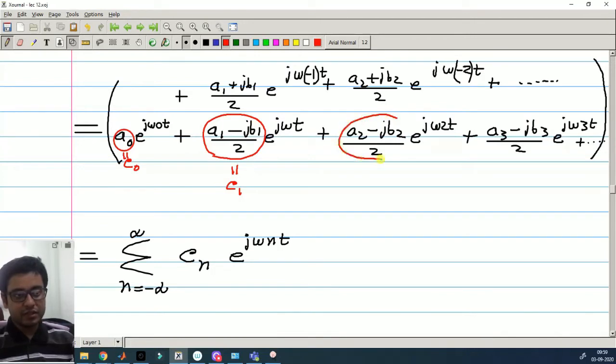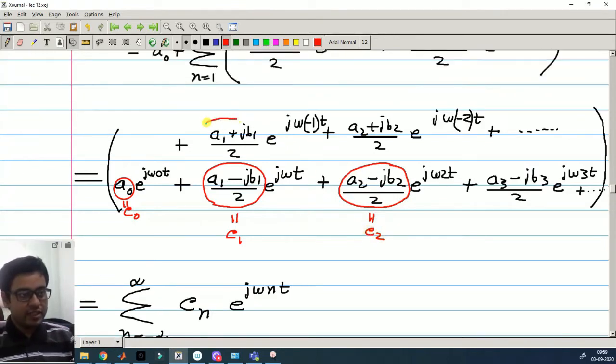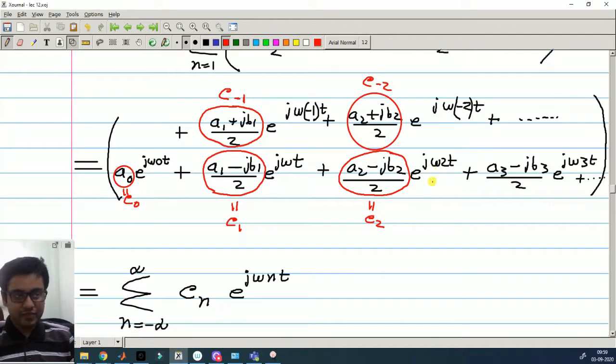This term is defined as C2. In the same way, this term is defined as C minus 1, because this is the coefficient of e to the power j omega minus 1t, then this I am calling C minus 2, and so on.